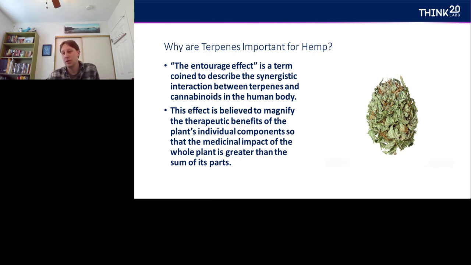A lot of times you'll hear people discuss why one strain makes them feel a certain way and another one may make them feel sleepy, although that is a purely qualitative speculation, right? It most likely has to do with the interaction of these compounds and their brain chemistry. So the idea is that the sum of these parts is greater than the whole experience.